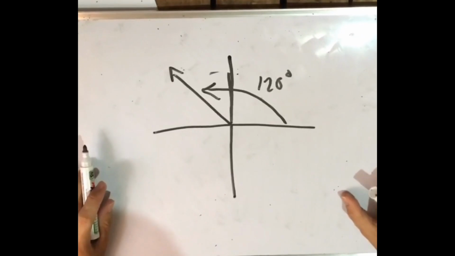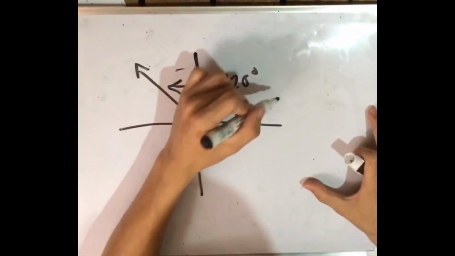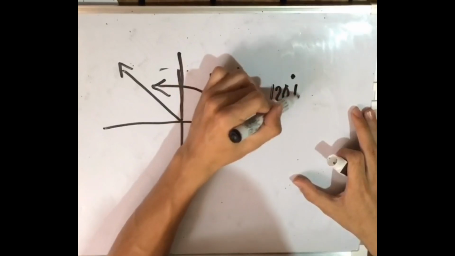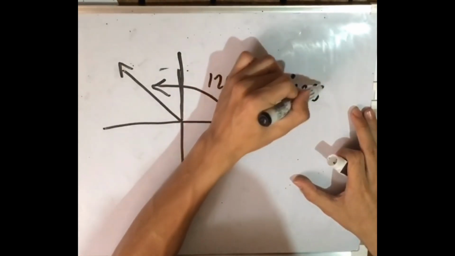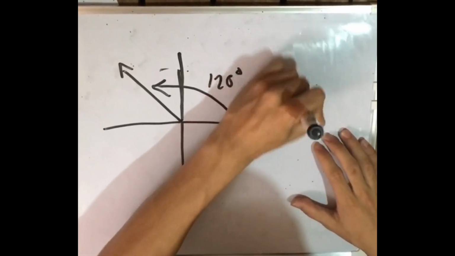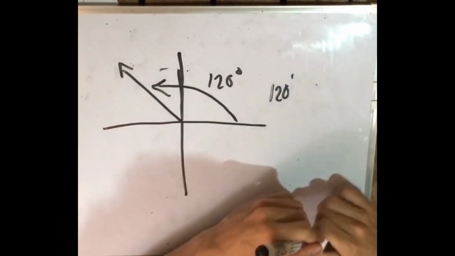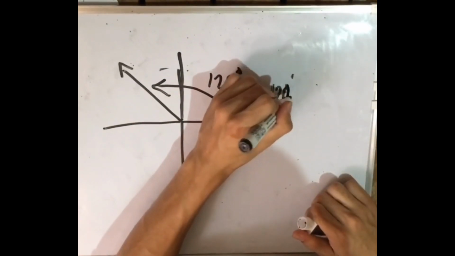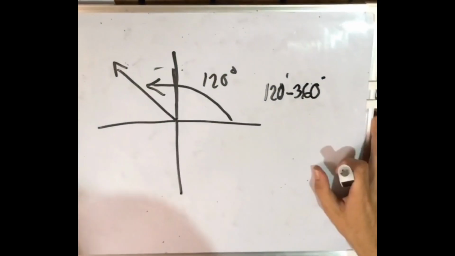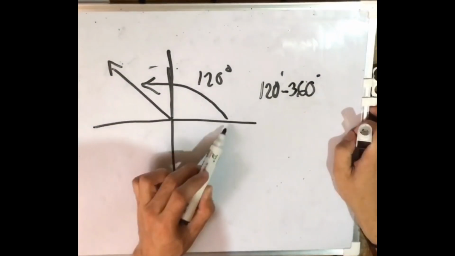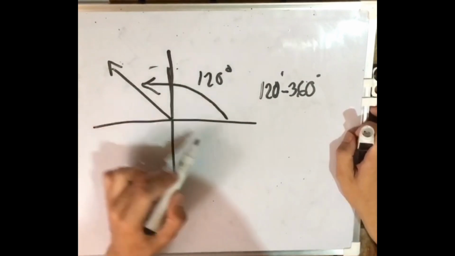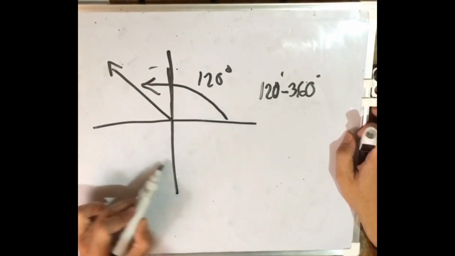So now 120 degrees minus 360 degrees. This is minus since these are negative, going to this side, this angle.